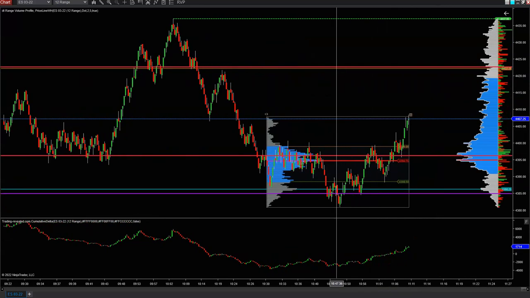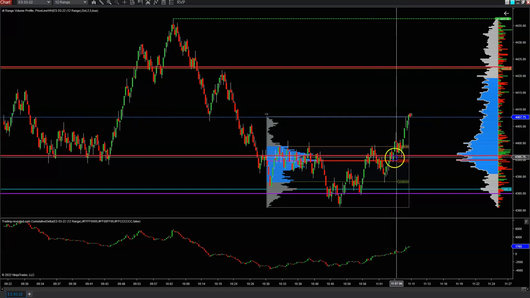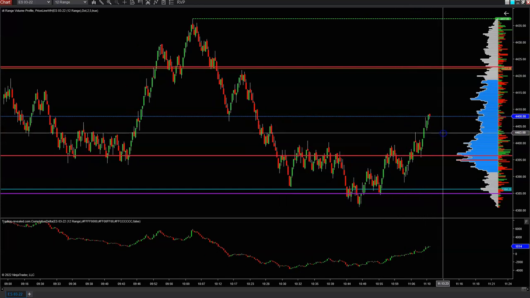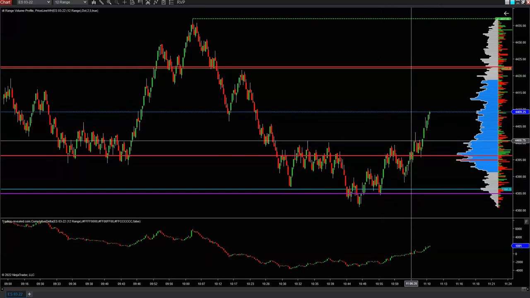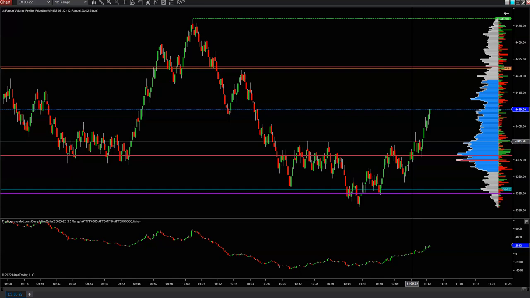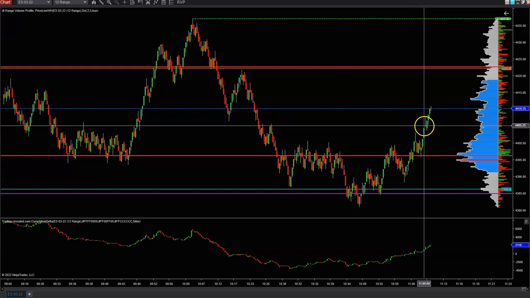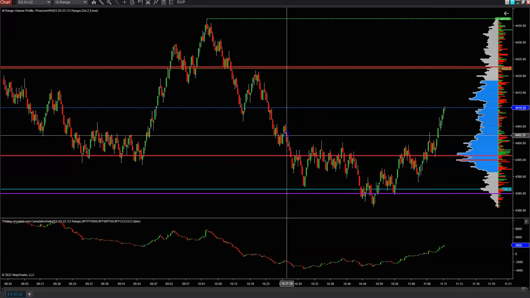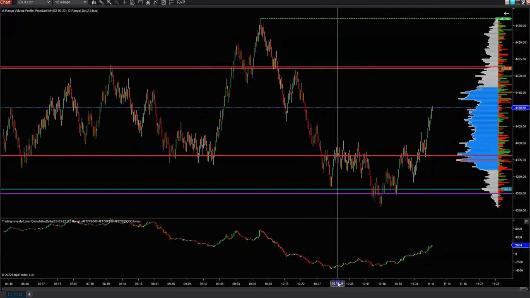Actually, let me blow this up a little bit so I can see what I'm looking at here. Oh yeah, I like to see price maybe pull back to this area right here. But it's still pushing to the upside. I'd like to maybe take one more trade.